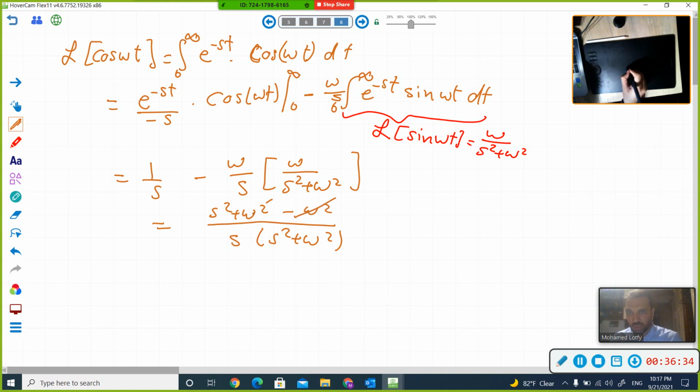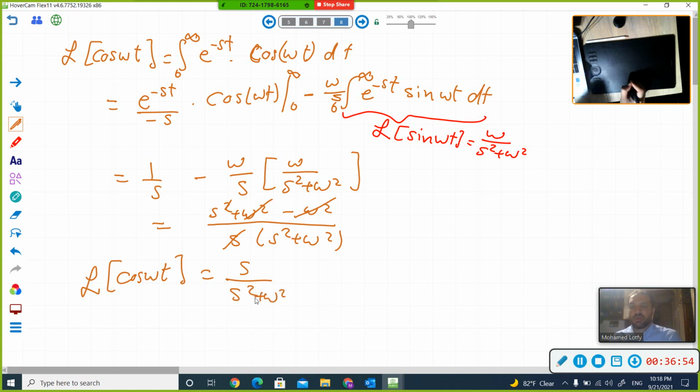So this will cancel this one, and this s will cancel this square. So finally the Laplace transform of cosine omega t equals s divided by s squared plus omega squared.